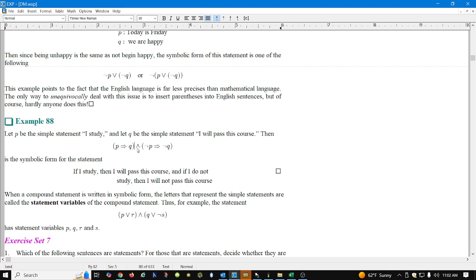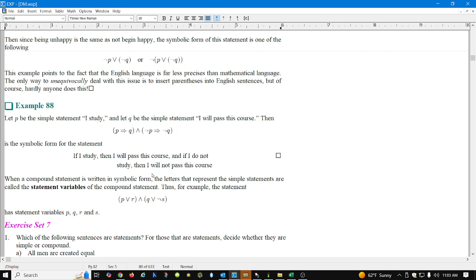And if I do not study, then I will not pass this course. When a compound statement is written in symbolic form, the letters that represent the simple statements are, as I said before, called statement variables. So in this case, P, Q, R, and S are the four statement variables.